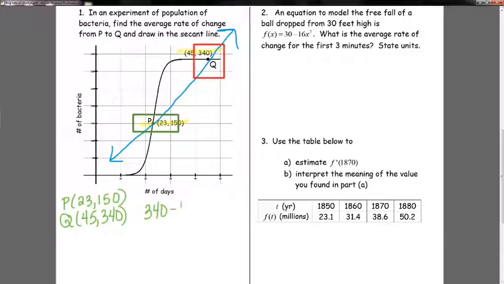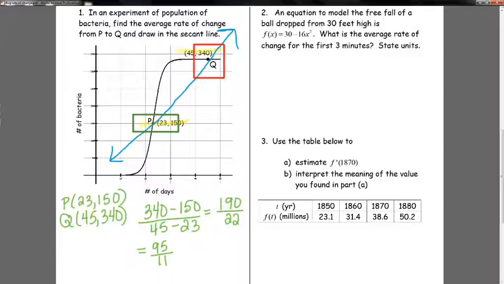So 340 minus 150 divided by 45 minus 23. Well, 340 minus 150, that's 190. 45 minus 23 is 22. So if I reduce that, that's going to be 95 over 11, divided by 2 on top and bottom.